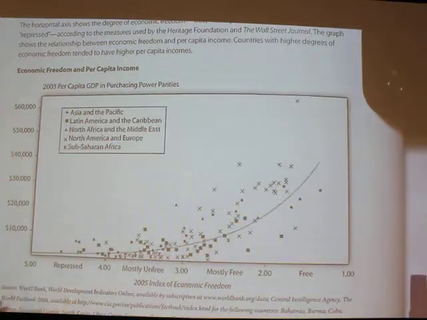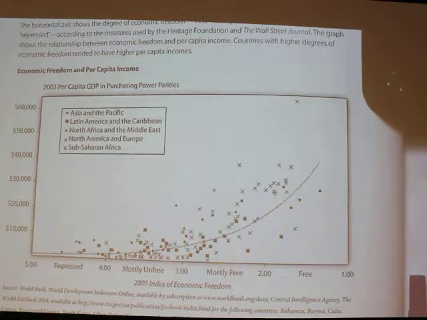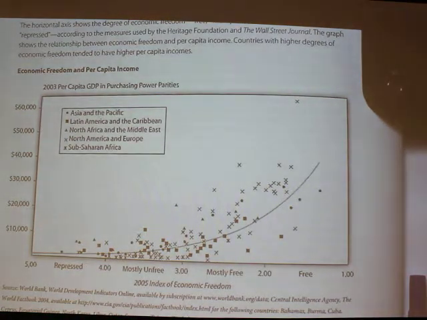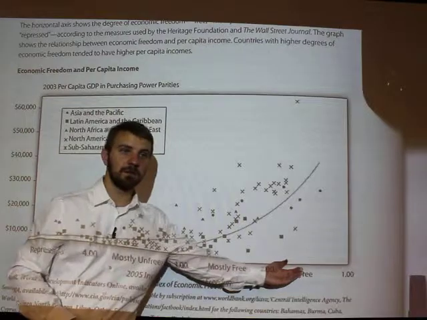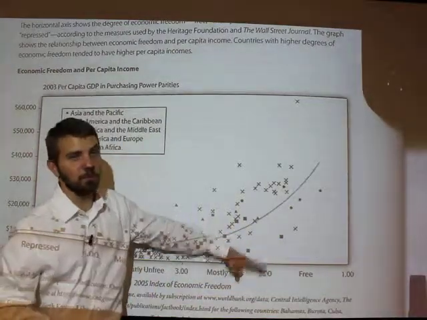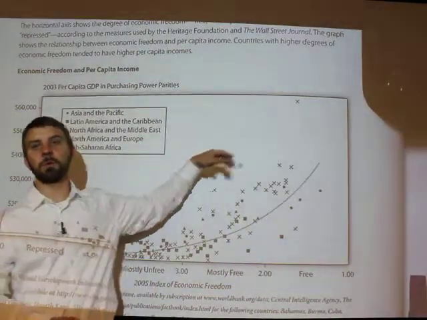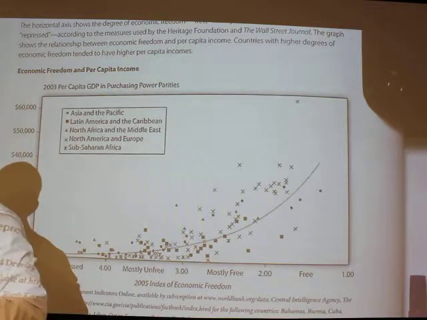And so when you look at this scatter plot, it appears that there's a relationship between these two. Certainly, it appears that there's a correlation because more freedom corresponds with more income. So it would seem that there's support for that hypothesis.